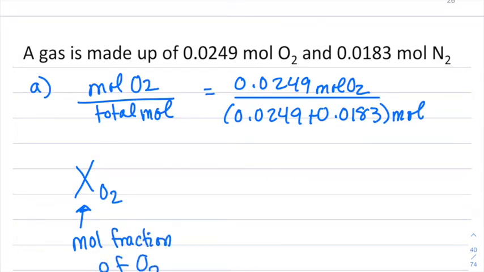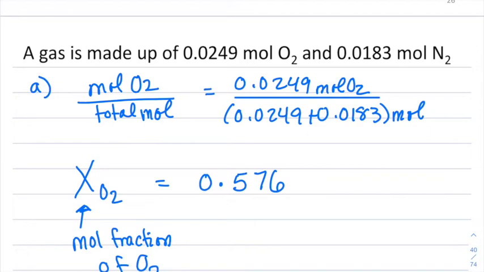A capital X represents mole fraction, so XO2, mole fraction of O2. And it looks like to three significant figures, I'm getting 0.576, to keep it at 3 sig figs. Those of you who are calculating along, are you getting similar answers?